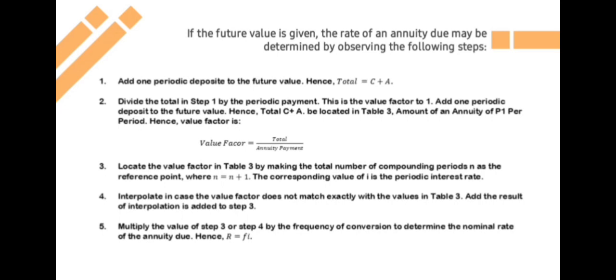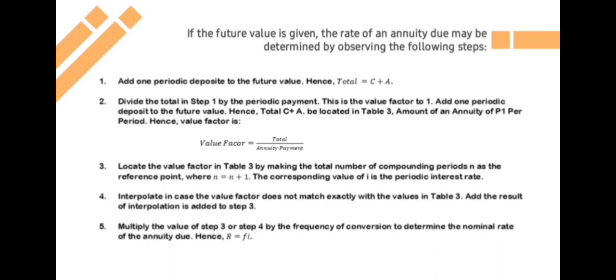So, next procedure is interpolate in case the value factor does not match exactly the values in table 3. Next procedure, multiply the value of step 3 and step 4 by the frequency of conversion to determine the nominal rate of the annuity due. So, R is equal to F times I.